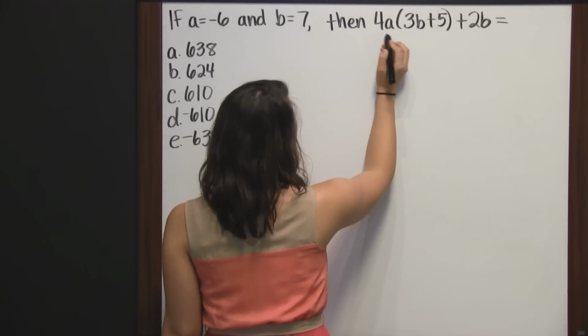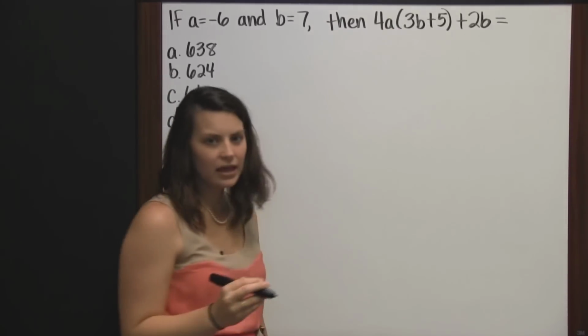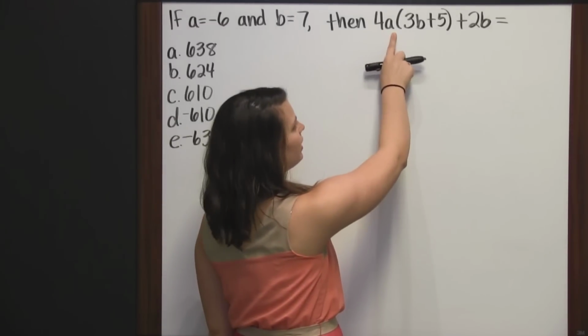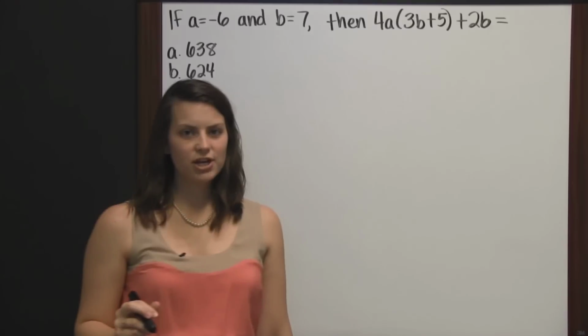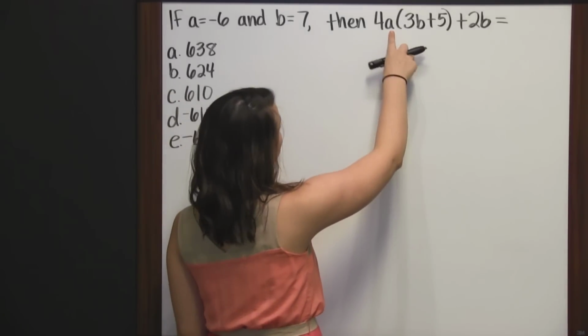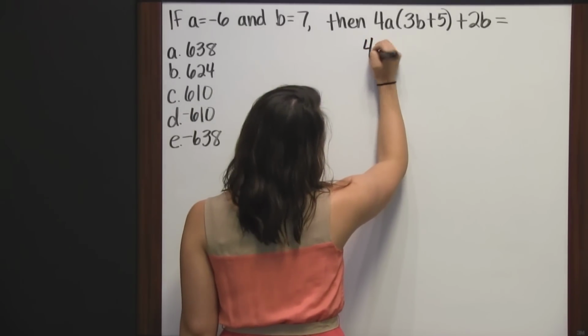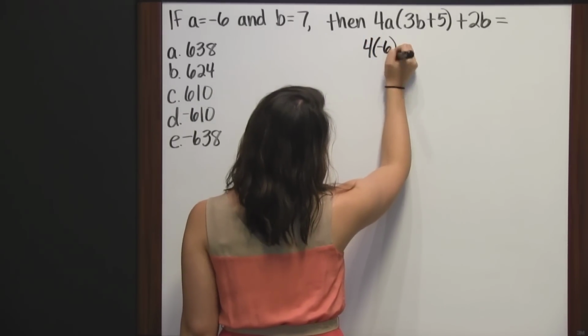So this is actually 4 times A. Anytime you see a number and a letter written next to each other like this, that's multiplication. So I know that when I replace A with a -6, it's going to read 4 times -6.